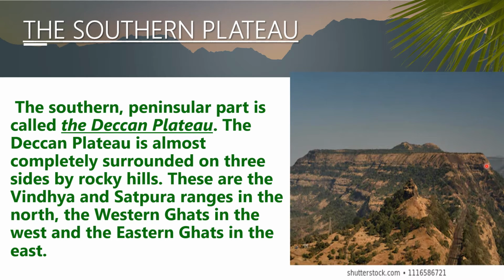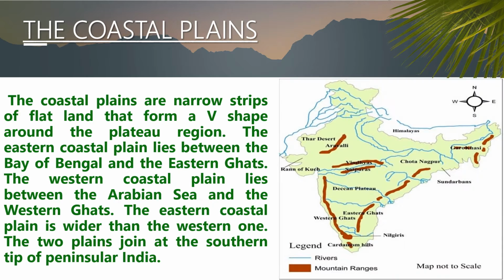These are the Vindhya and Satpura ranges in the north, the Western Ghats in the west and the Eastern Ghats in the east. In the next picture I will give more details about them. The Western Ghats and Eastern Ghats are here.